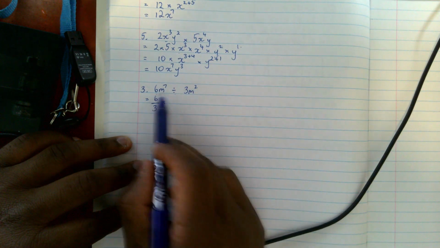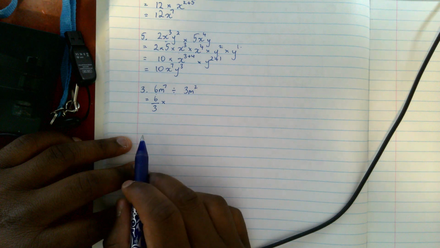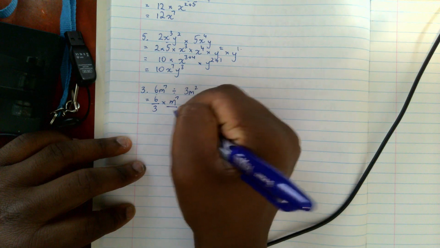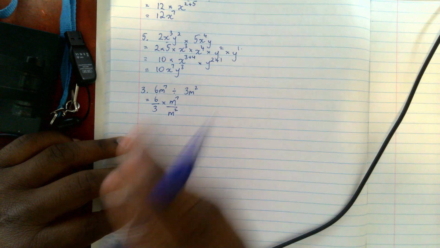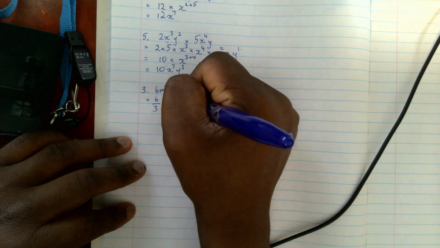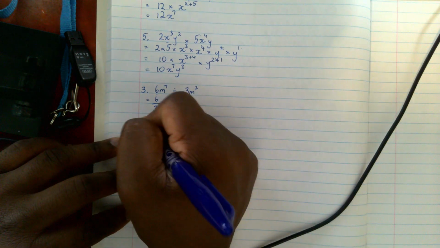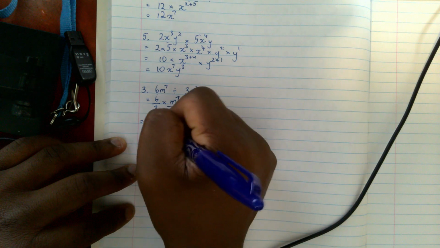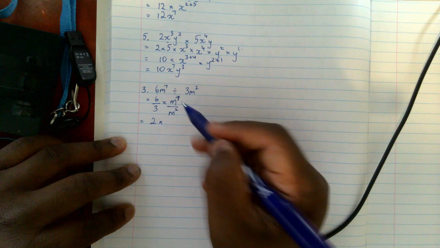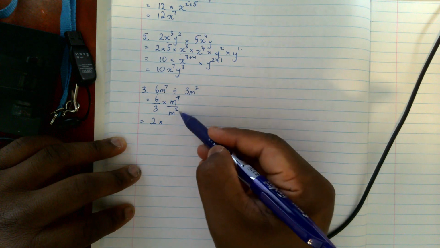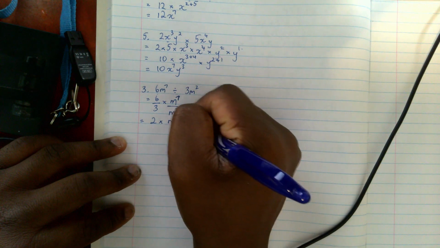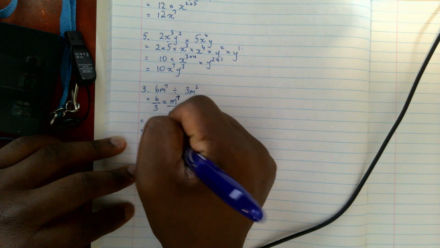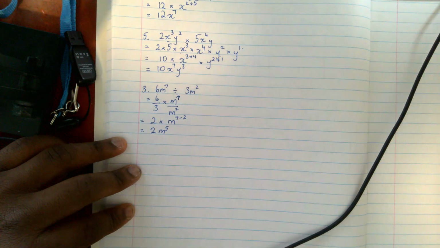Multiply, because that's multiplied between our variables. m to the 7th divided by m squared. Simplify where we can. We know that 6 divided 3 is 2 times. Now I'm dividing. When we divide, we're going to take those powers away. So it's m to the 7th, take 2. So that's 2m to the 5th.